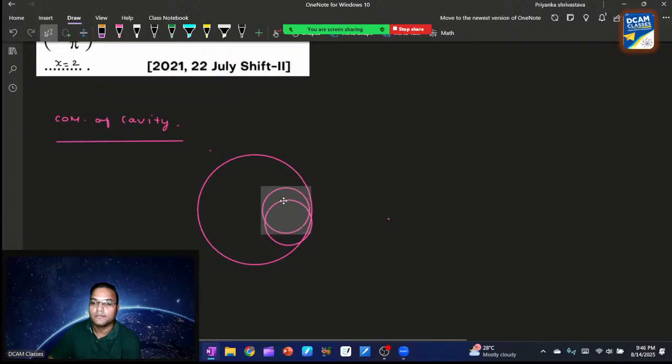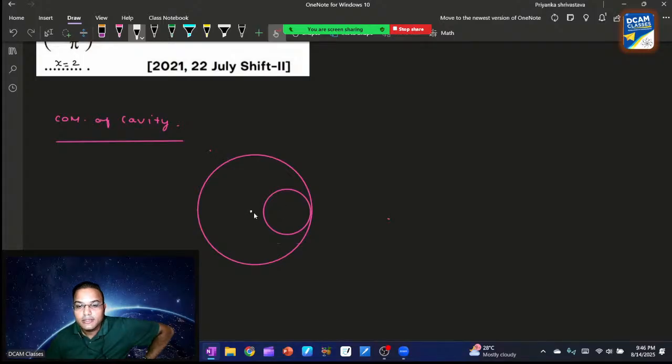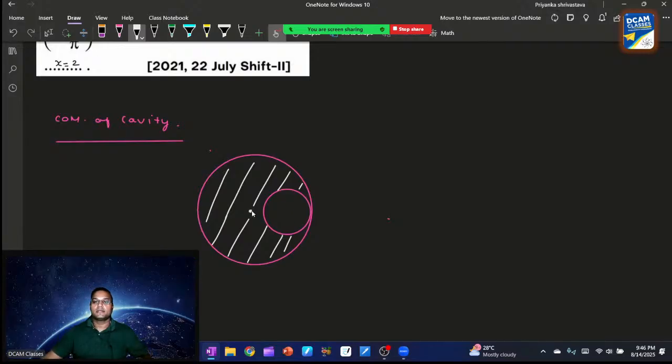Cavity means the hole. Now they ask what is the center of mass of the body with the cavity, means for this system, for this mass they want the center of mass. Got my point? What I'm trying to say?